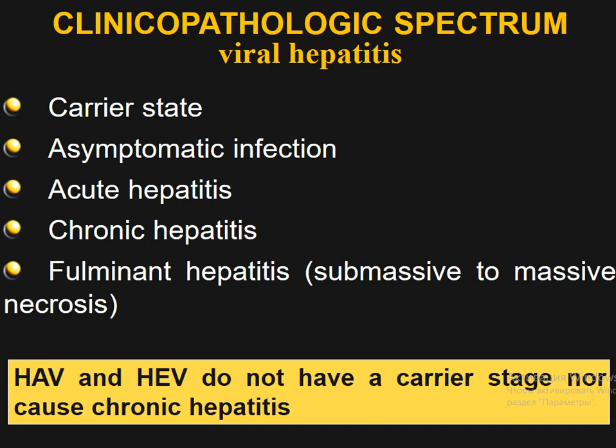Asymptomatic infection. These are cases who are detected incidentally to have infection with one of the hepatitis viruses, as revealed by their raised serum transaminase or by detection of the presence of antibodies, but are otherwise asymptomatic.